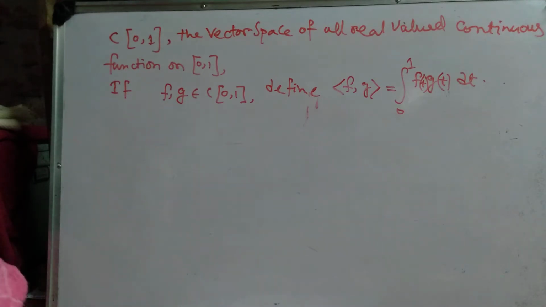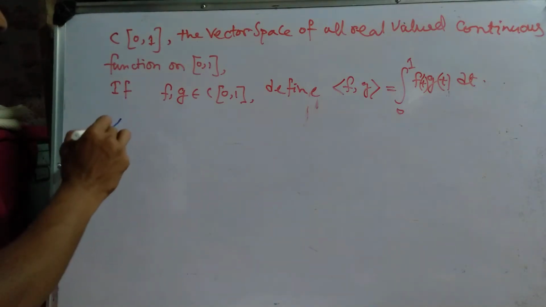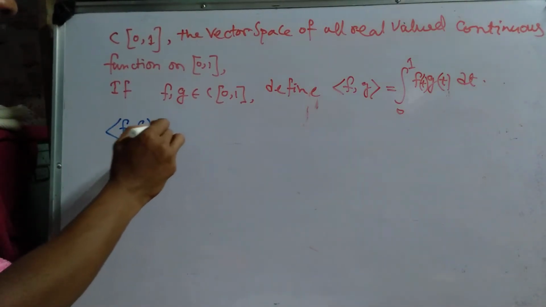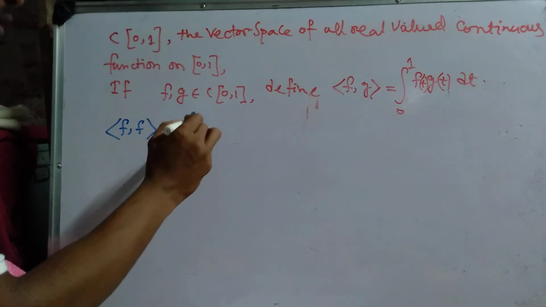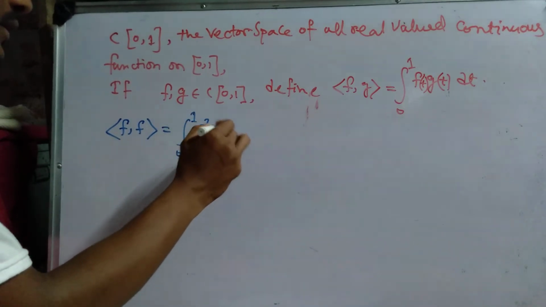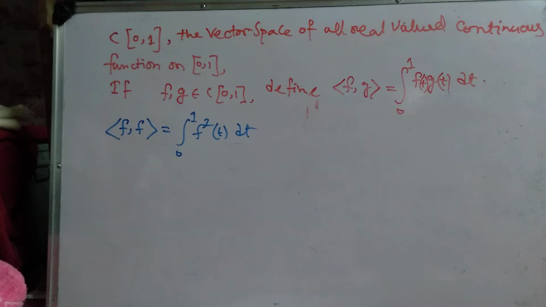now we see that it satisfies all the properties. All properties are trivial because <f,f> is equal to the integral from 0 to 1 of f square t dt. F square must be greater than or equal to 0, and this must be greater than or equal to 0.